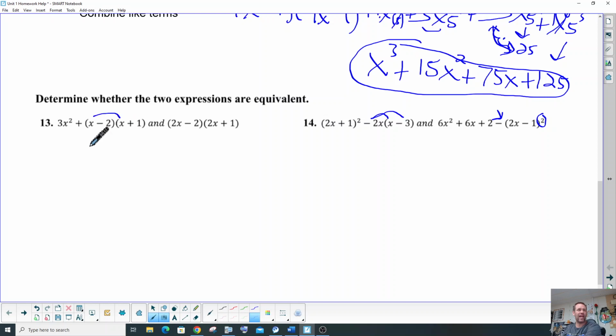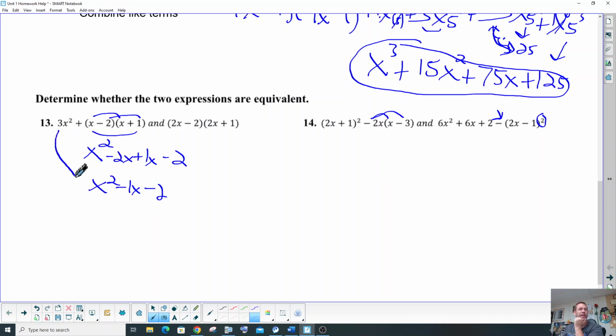So x times x is x squared. Negative 2 times 1 is negative 2. Negative 2 times x is negative 2x. And then 1 times x is 1x. So we have a negative 2x with a positive 1x, which is going to be negative 1x. Bring down the negative 2, bring down the x squared.